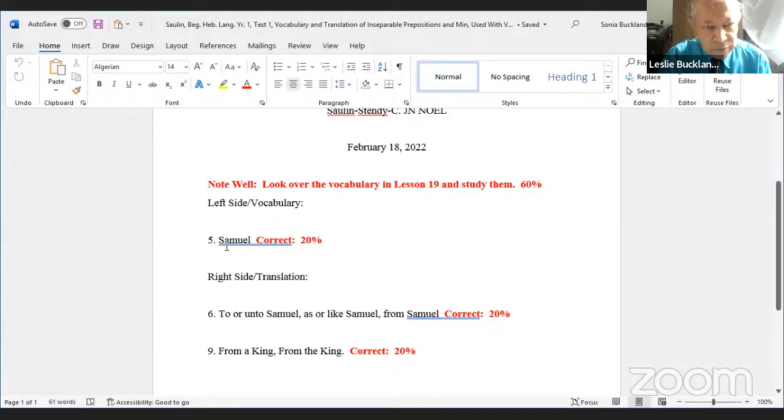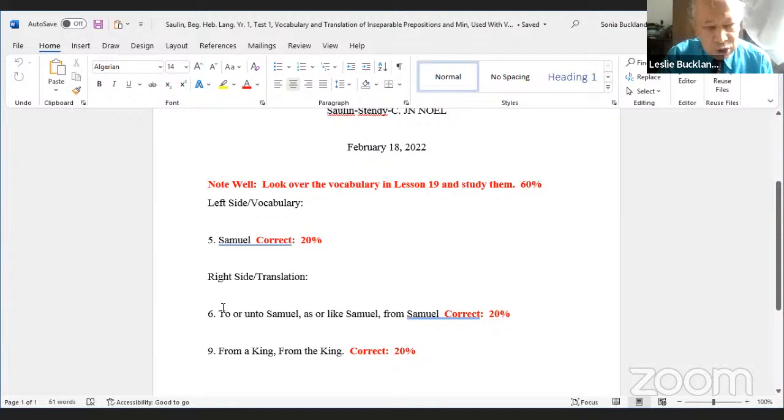So number 5 in the vocabulary section, Samuel, is correct. On the right side in the translation, number 6, 2 Samuel. I wouldn't translate it "onto." There is a specific Hebrew preposition called el, aleph, segol, lameth, that is translated as a preposition meaning "onto."